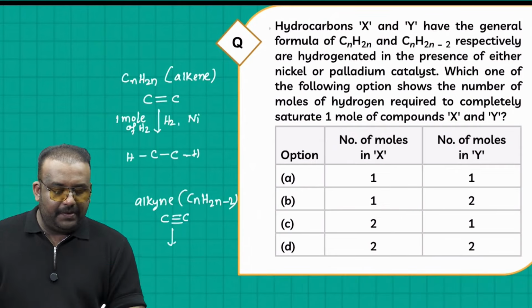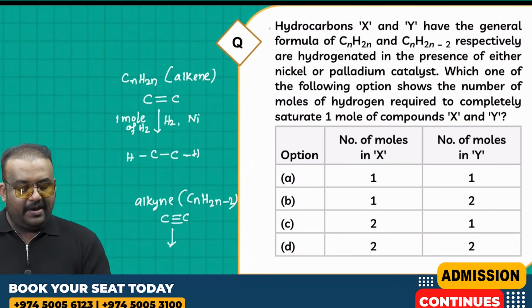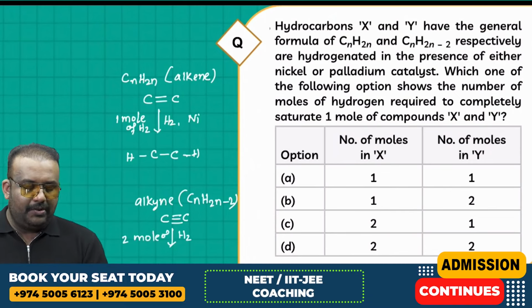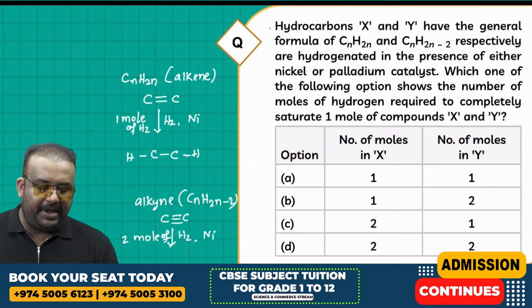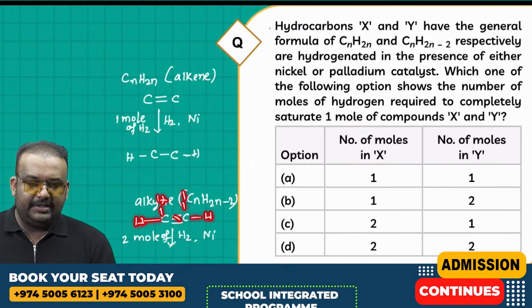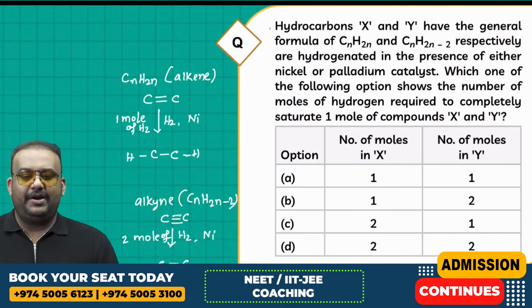If I have to hydrogenate it completely, 1 mole of hydrogen is not sufficient. I actually need 2 moles of hydrogen in nickel. Then only I can sequentially break it, because when one bond breaks, 1 hydrogen is added, then the next bond breaks, another hydrogen is added.